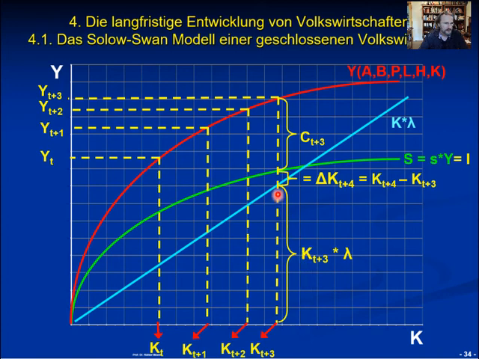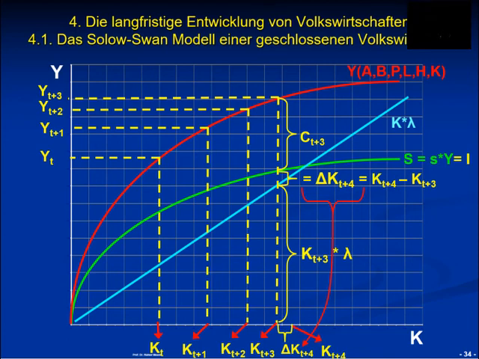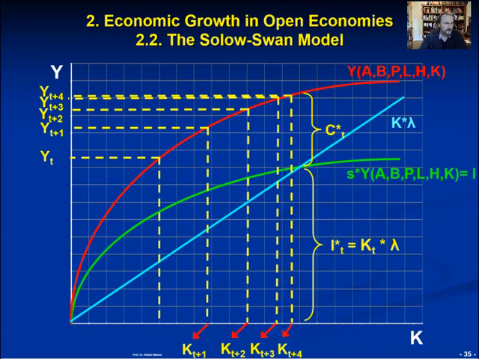You observe that net investment gets smaller and smaller the closer we come to this intersection point. In this intersection point, finally, net investment becomes zero and the capital stock does not grow any longer. The change of the capital stock from now on will hence be zero.